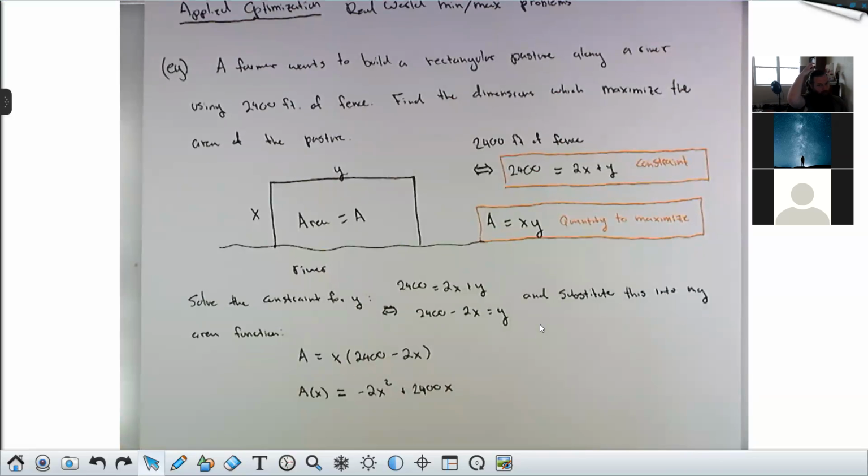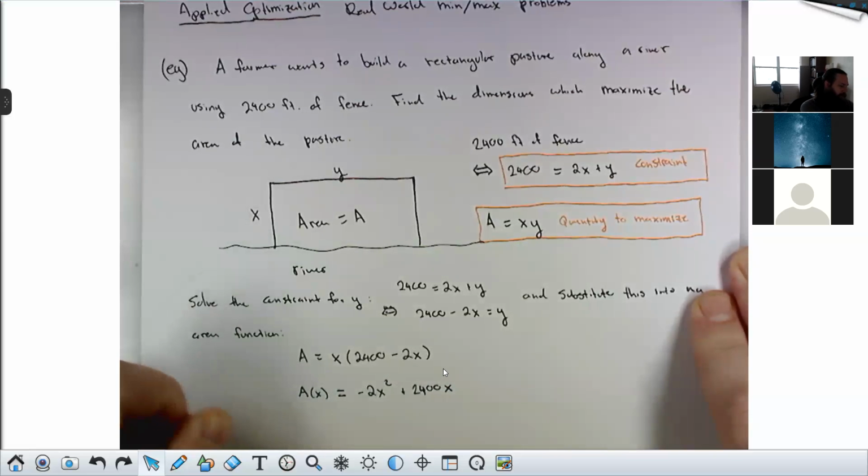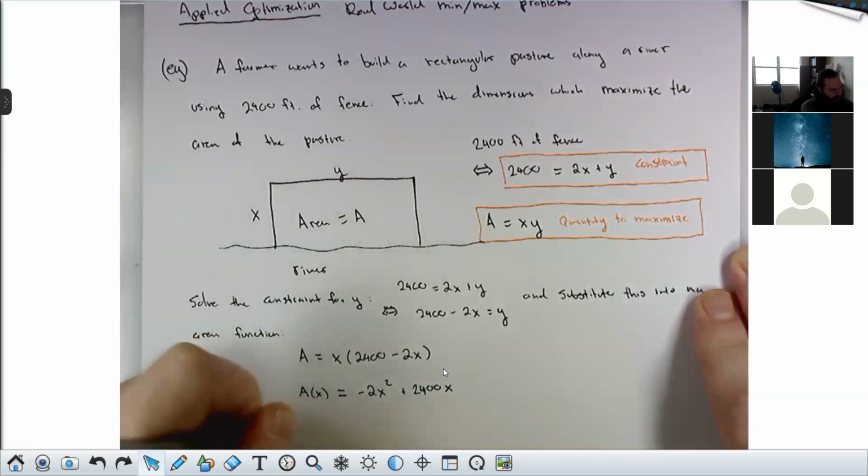Everybody with me so far? All right. So what I want to do is find the max of this thing. I want to maximize this function. To do that, I'm going to take its derivative. A primed of X is going to be negative 4X plus 2400.